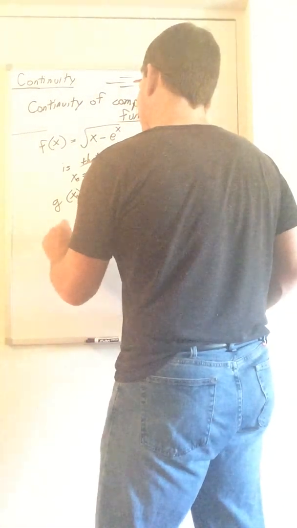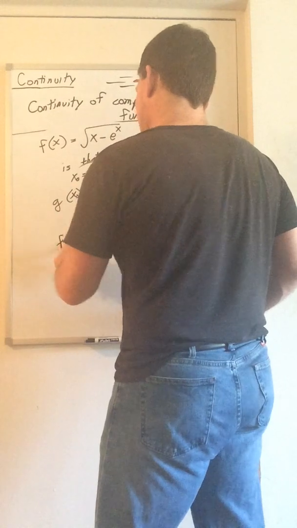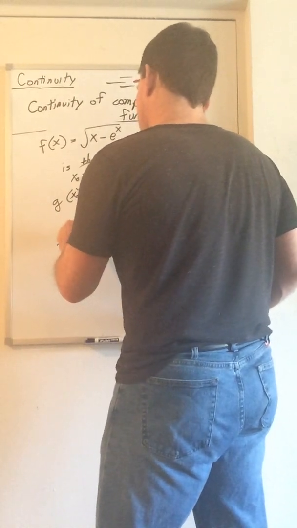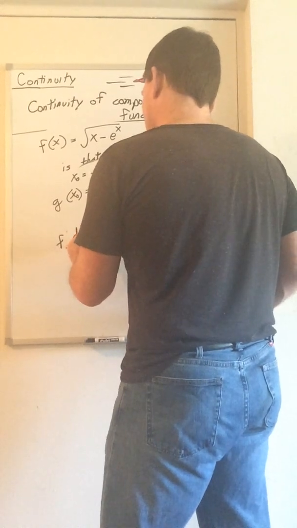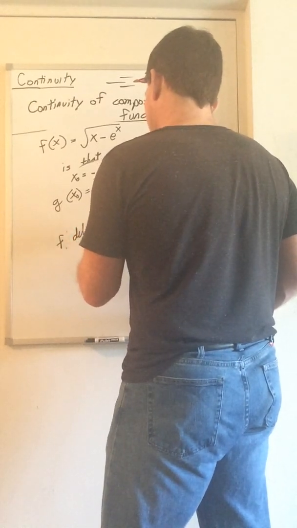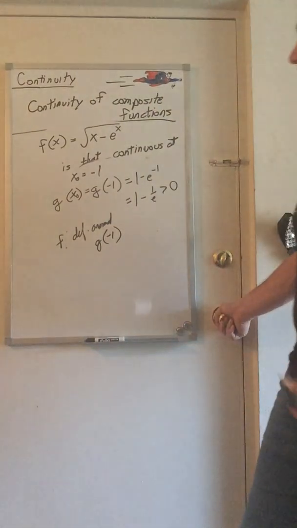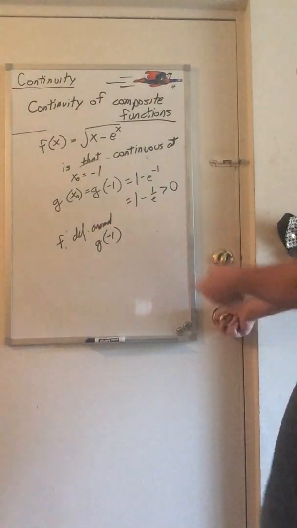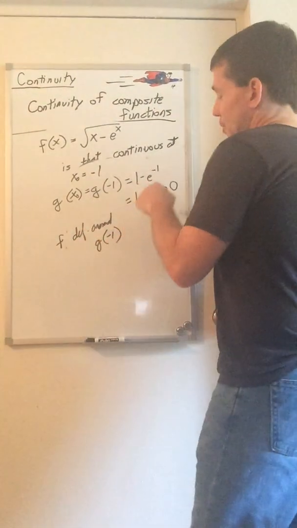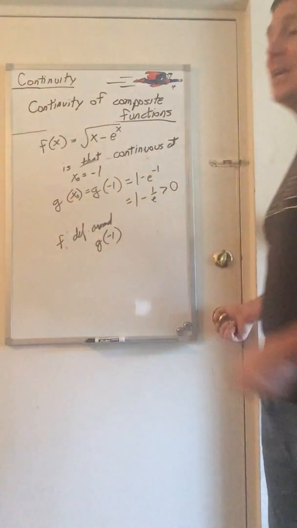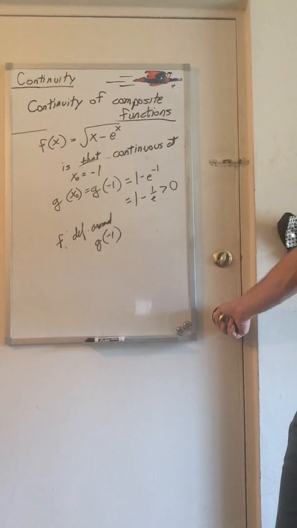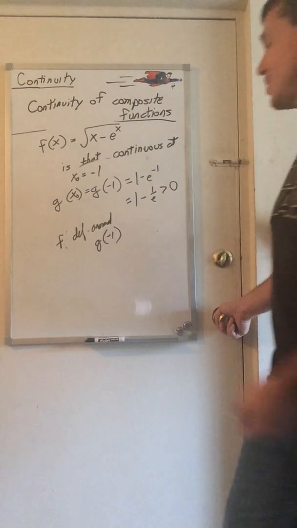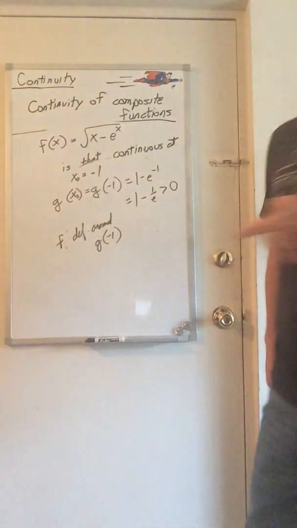What about f? Is f defined around g of negative 1? Is it defined on some interval around that? Well, yeah. F is a square root. As long as this is greater than 0, f will be defined on an interval around it because it's defined for all the positive numbers. So this will definitely work.